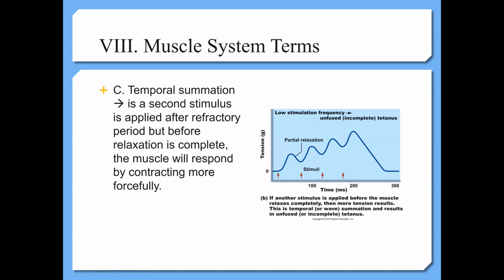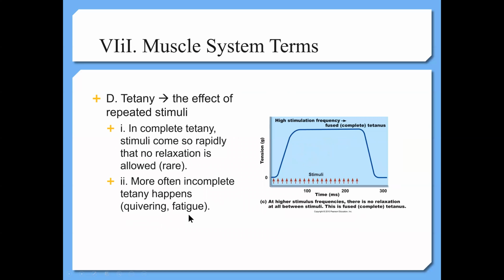We can sum those up over a period of time, and we can either fatigue the muscle to where it won't contract at all, or we can get it into tetany where it's in constant contraction. We can add a twitch, a twitch, and then start summing up these muscle contractions. We eventually can get into tetany where there's no relaxation, although that's very rare. Usually what happens is the muscle quivers or fatigues.